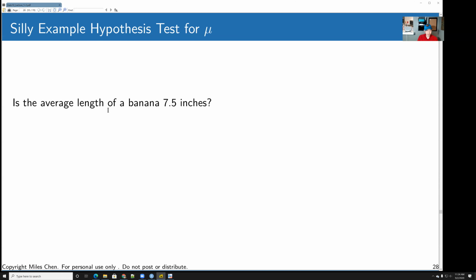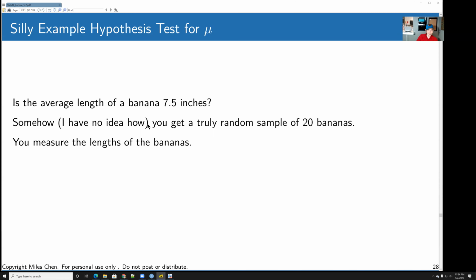All right, is the average length of a banana 7.5 inches? I have no idea, okay? So let's say you get a random sample of 20 bananas. Somehow we get a sample of bananas. We're gonna assume that it's random, which maybe is not even possible, but we measure the lengths of the bananas.